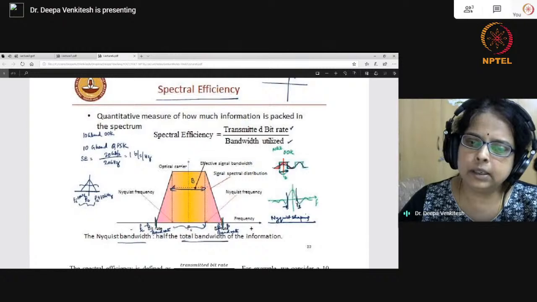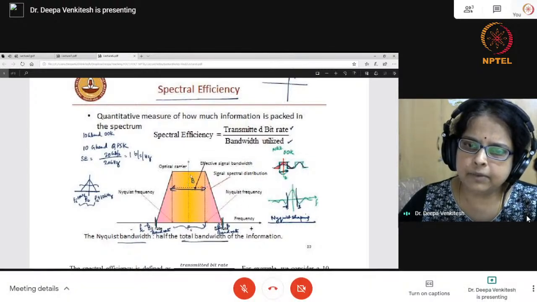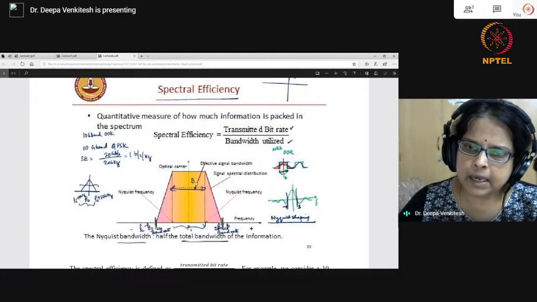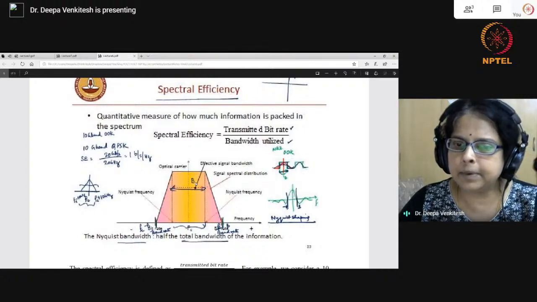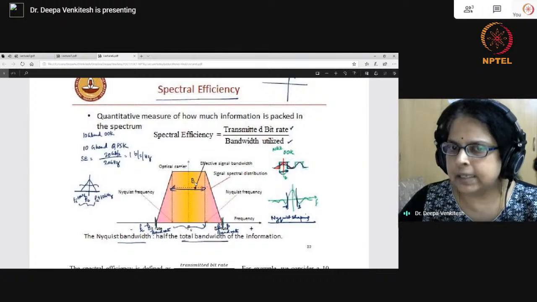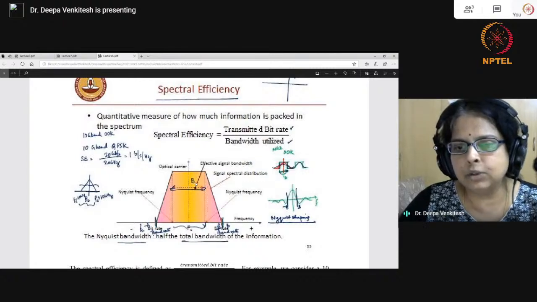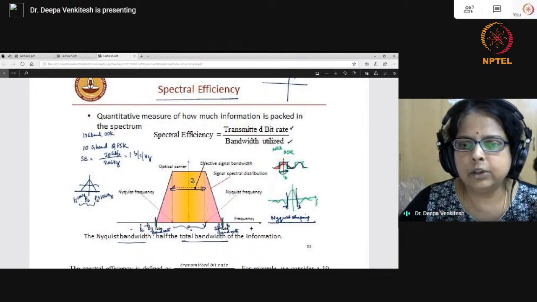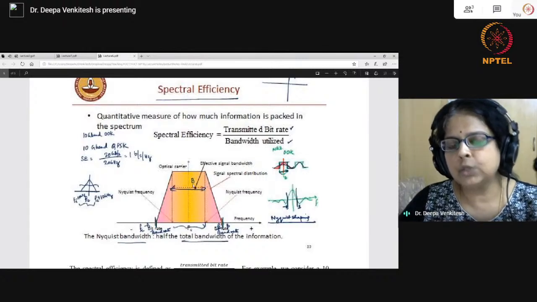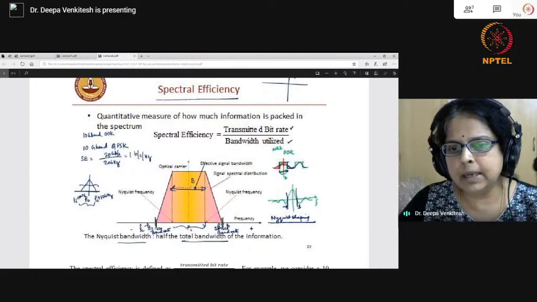So what Nyquist bandwidth says is, you need only a bandwidth of B, for instance, here, right? You need only a bandwidth of B. You can do a mathematical process of shaping the signal such that the minimum you will need to send your data is actually B. If you can do some kind of shaping in the time domain or in the frequency domain, if you can do some signal processing, you can actually transmit this information, which is at 10 gigabits per second, with a bandwidth B on either side.